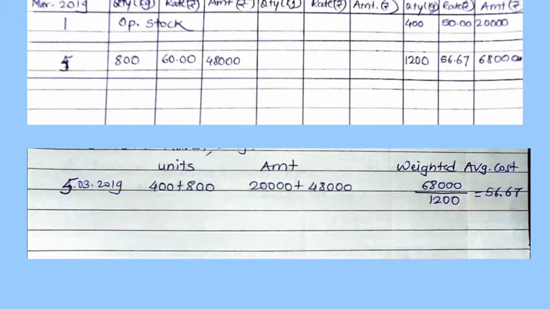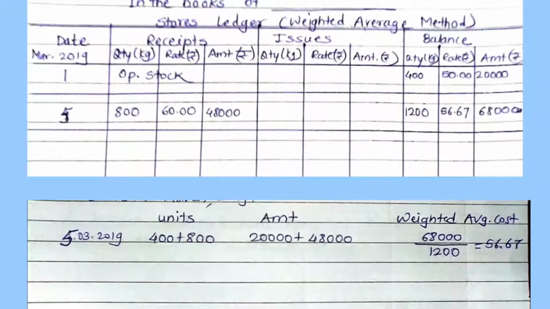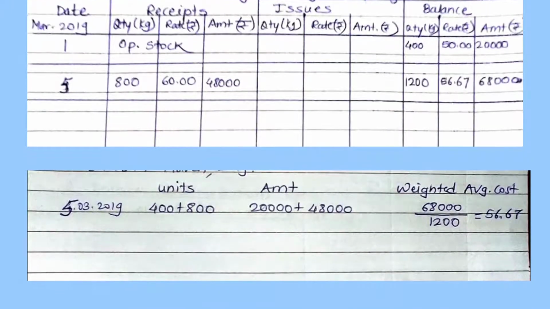So 68,000 divided by 1200 kg is equal to 56.6666 to infinity, so we have rounded off to 56.67. So the per unit cost by weighted average method is 56.67.